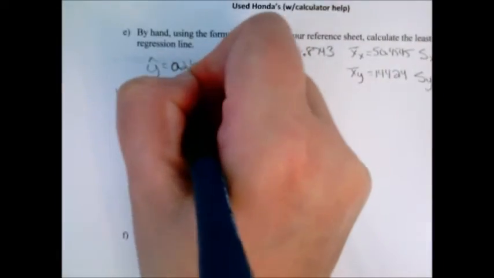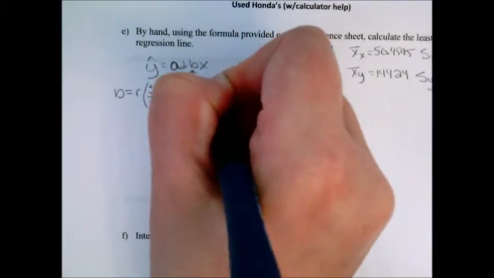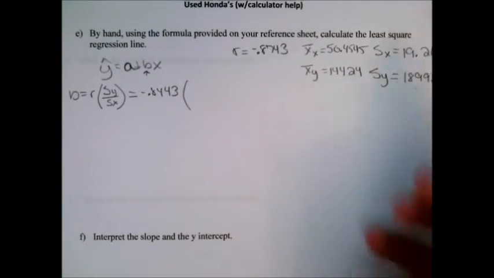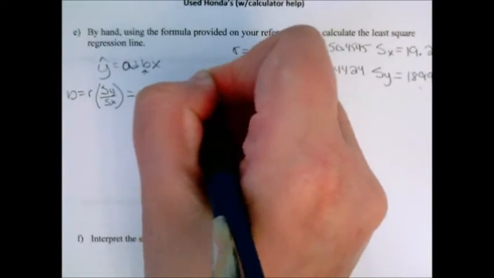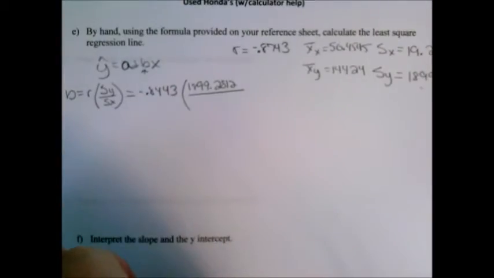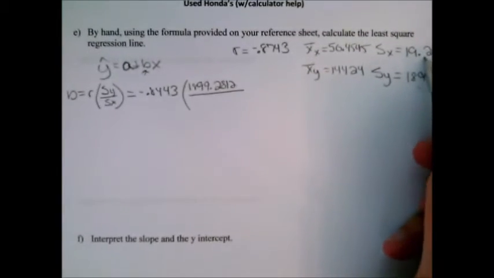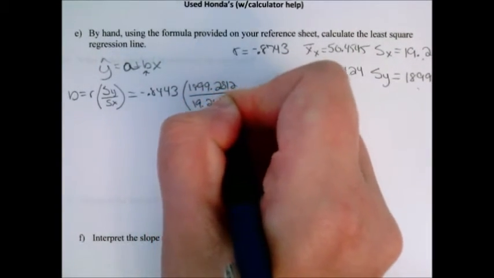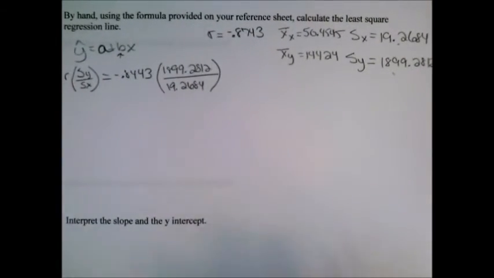So now I've got to do negative 0.8743 times the standard deviation of y, which was 1899.2812, divided by the standard deviation of x, which was 19.2684. And I am going to let the calculator do that for me.